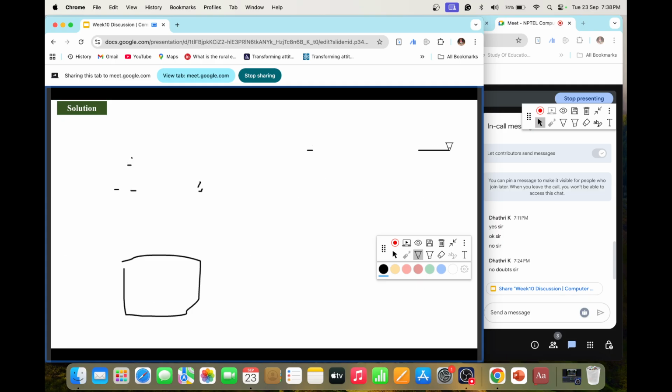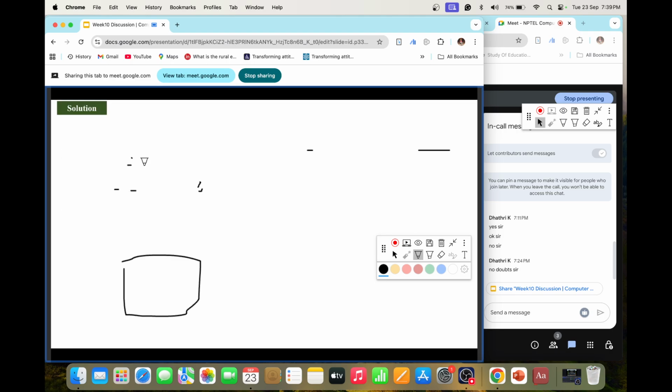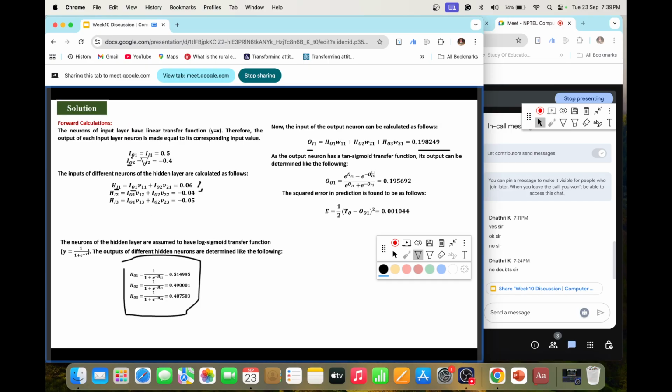Again, the neuron has two parts. So we have calculated OI1, and then we apply the activation function and we get OO1.